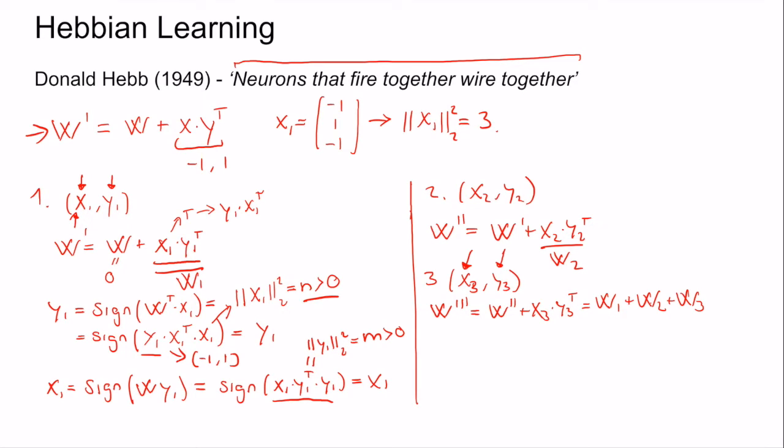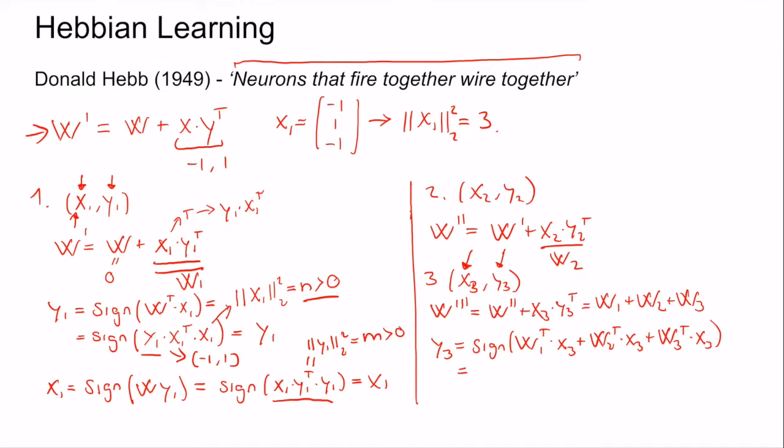Okay, so we can essentially check that. We have y3 equal to the sine function of w1 transpose times x3 plus w2 transpose times x3 plus w3 transpose times x3, right?